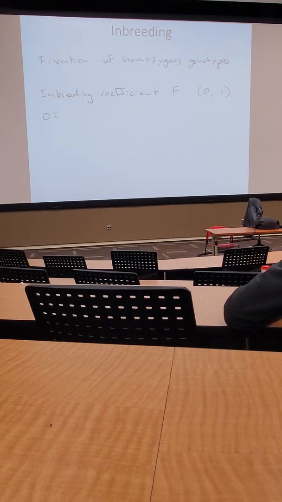So 0 would be random mating. And 1 is a level of inbreeding really hard to reach in populations that have separate sexes. It's almost like self-fertilization. So plants and some insects and nematodes can get up to an F index of 1, but for things that have separate sexes, an inbreeding level of 1 would be really difficult.